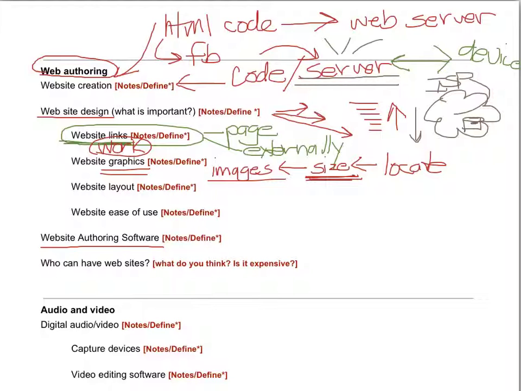How it's laid out, is it useful? How do people navigate? How do they move through the information? We talked a little bit about navigation. You have hyperlinks, and you can link right within text, and then your graphics can be links.